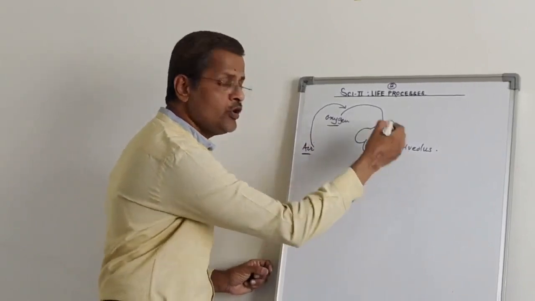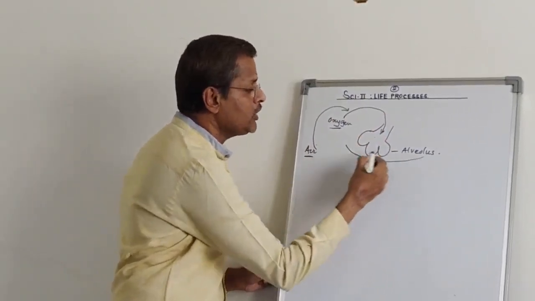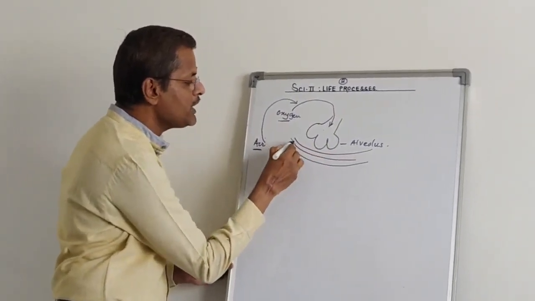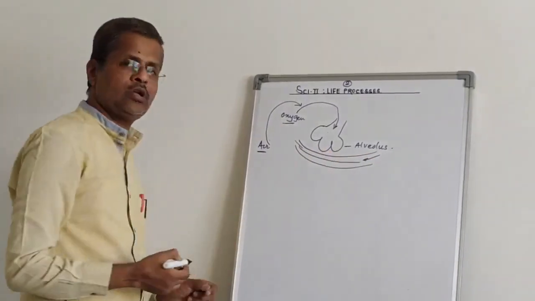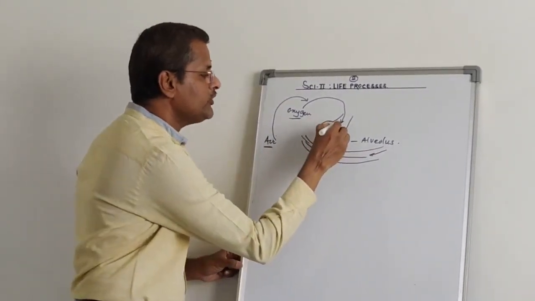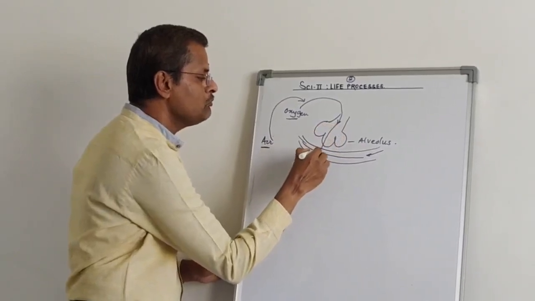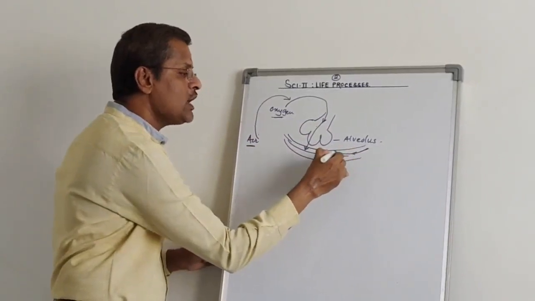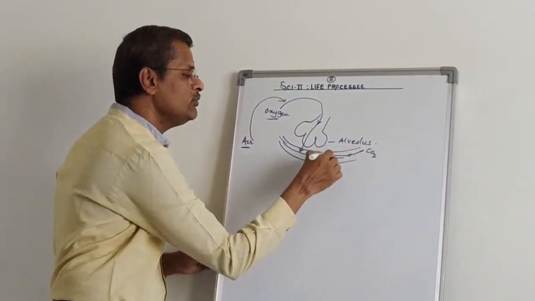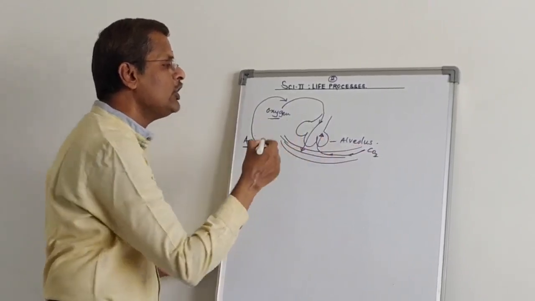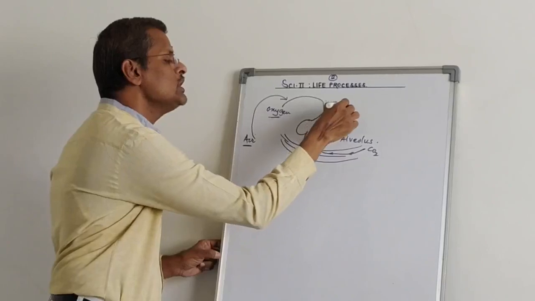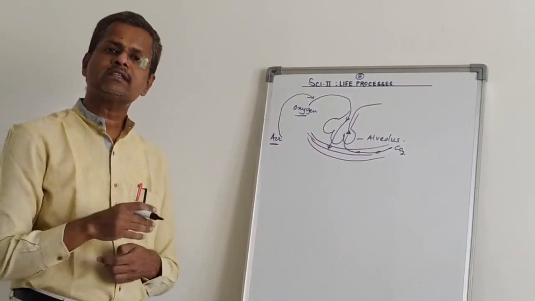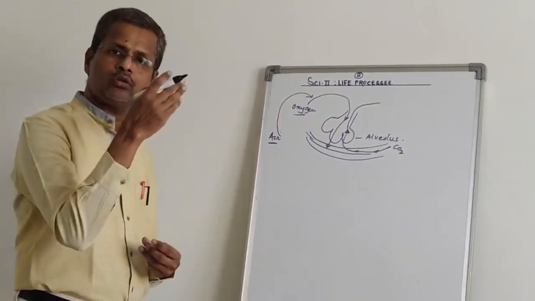Now these alveolus are surrounded by a network of capillaries. Now what do these capillaries do? Let us see. They take the oxygen from alveolus, whereas there are some capillaries that come with carbon dioxide and they put that carbon dioxide into the alveolus, and alveolus will release those harmful gases together with carbon dioxide outside the body.